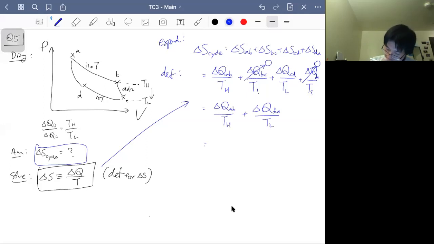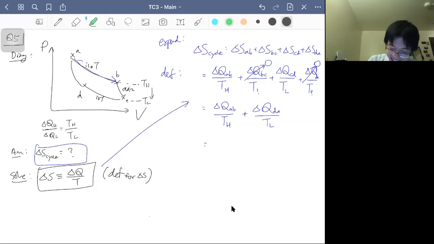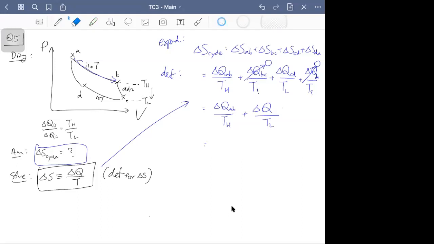Now you need to get the signs correct. So from A to B, is heat added to the system or leaving the system? Should that be delta QCD over TL? Yeah, thanks, the isothermal bit, thank you.